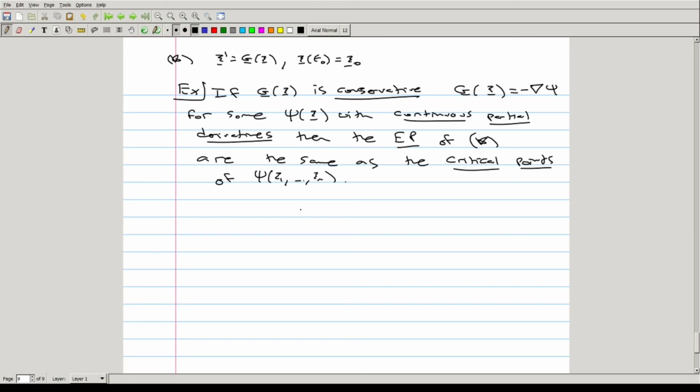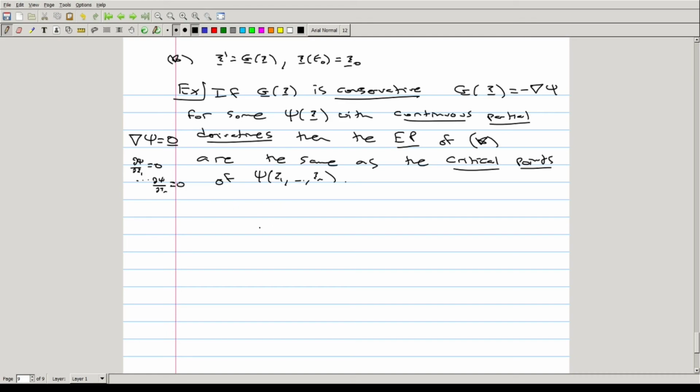Because you'll remember from your multivariable calculus class that the critical points of a multivariable function are where the gradient vector of that function is equal to 0, or d psi by d xi 1 is equal to 0 all the way up to d psi by d xi n is equal to 0. So all of the partial derivatives are simultaneously equal to 0.